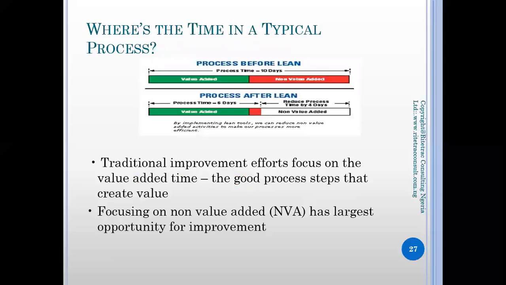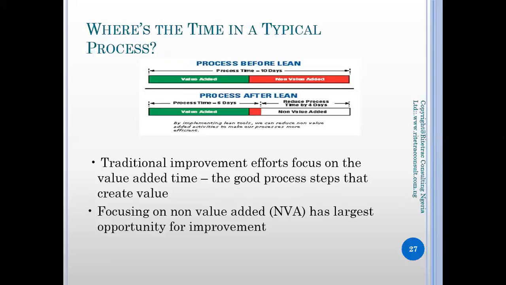So where is the time in a typical process? Process before lean, you can see the non-value-added on the right in red, and then value-added. We reduced process time by 4 days. This work takes a lot of time.